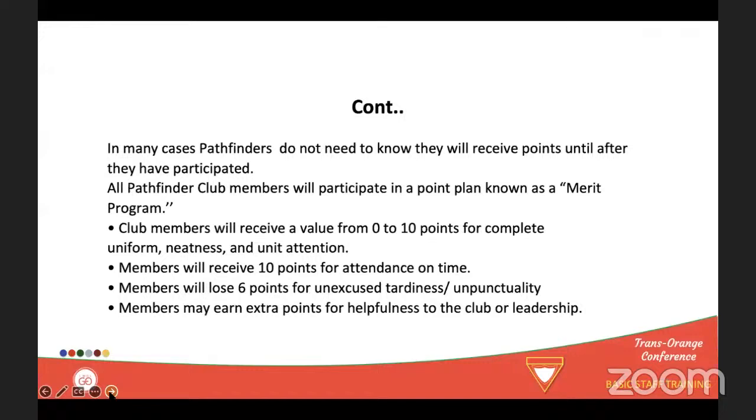Members may earn extra points for helpfulness to the club or to the leadership. So for the fact that the child was thoughtful enough to see that there is help needed there, and lend a helping hand, you may award points for that, but it will be all about what you have agreed on as a club. Next slide.